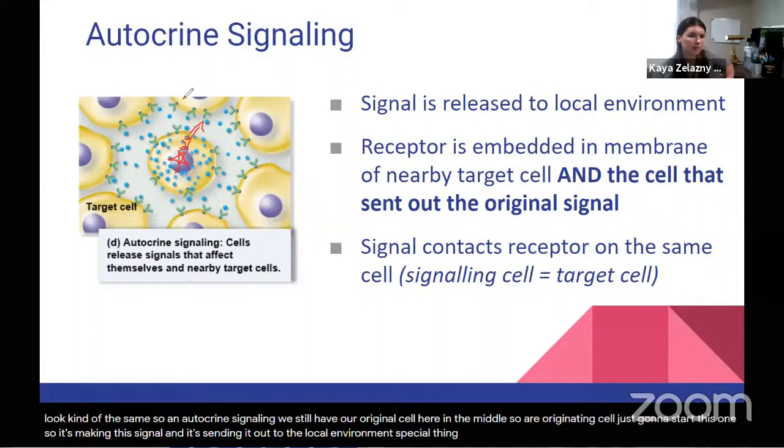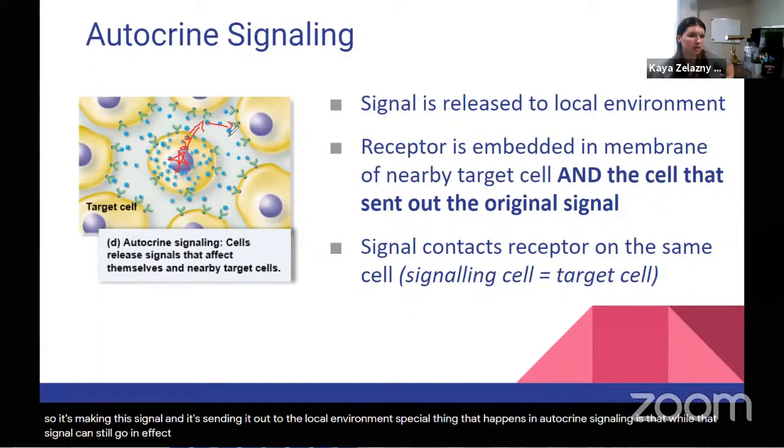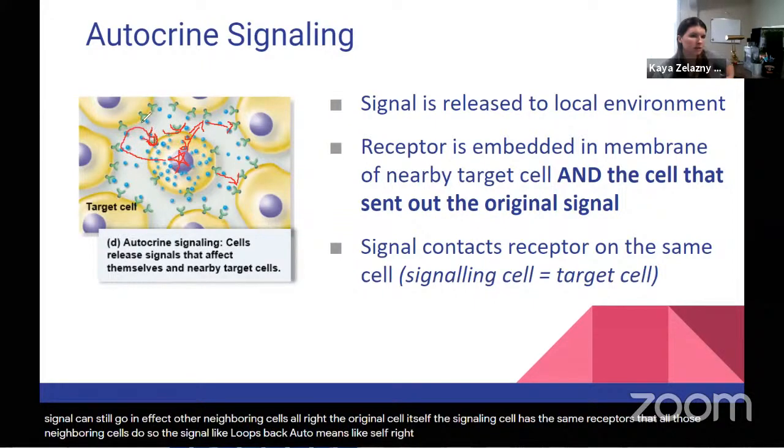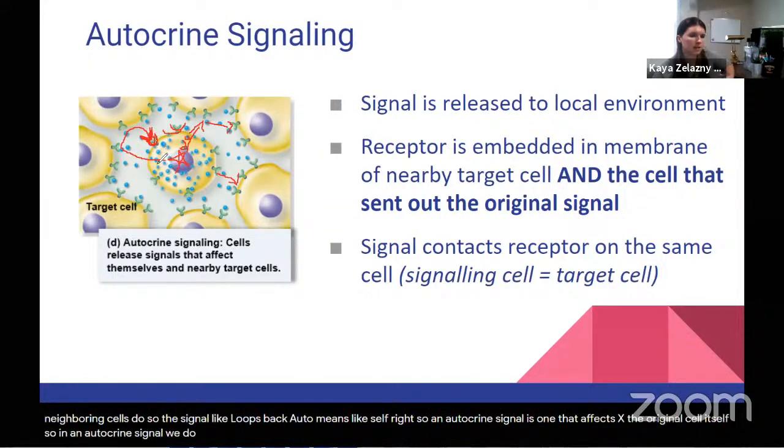The special thing that happens in autocrine signaling is that while that signal can still go and affect other neighboring cells, the original cell itself, the signaling cell, has the same receptors that all those neighboring cells do. So the signal loops back. Auto means self, right? So an autocrine signal is one that affects the original cell itself. In an autocrine signal, we'd expect the same cell that is creating the signal to also respond to the signal that it just sent.